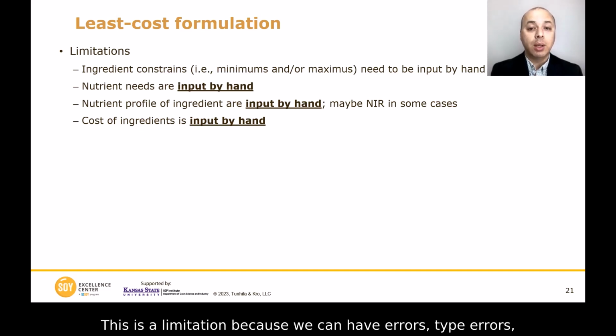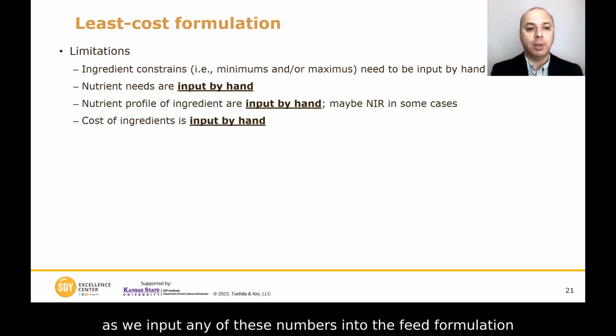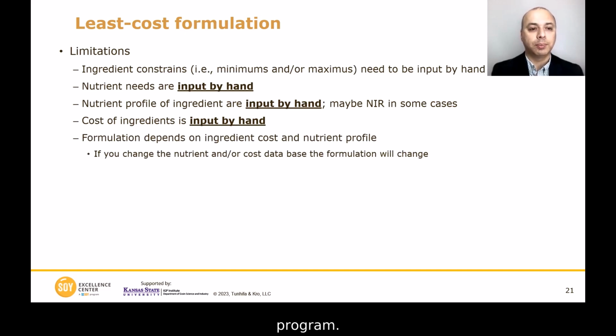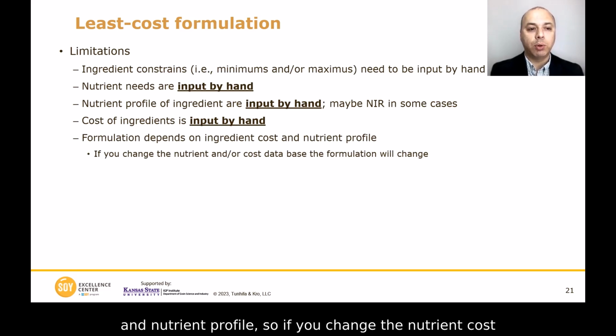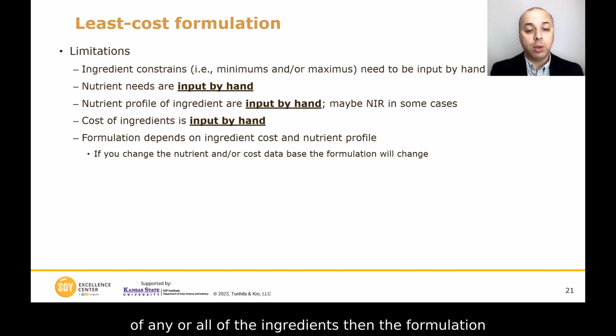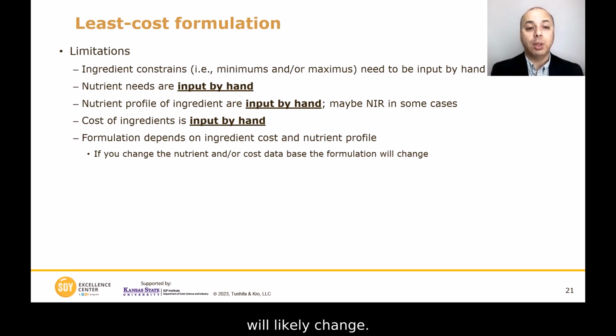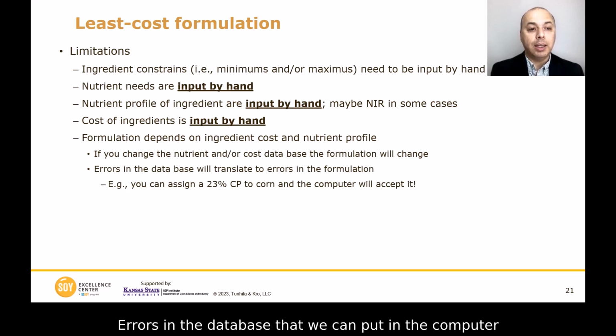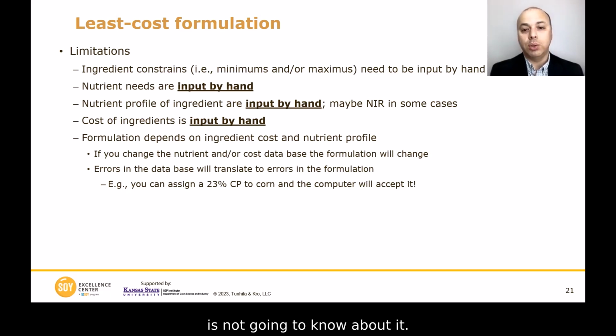This is a limitation because we can have errors, type errors, as we input any of these numbers into the feed formulation program. The formulation depends on ingredient cost and nutrient profile. So if you change the nutrient cost of any or all of the ingredients, then the formulation will likely change. Same thing, errors in the database that we can put in, the computer is not going to know about it.